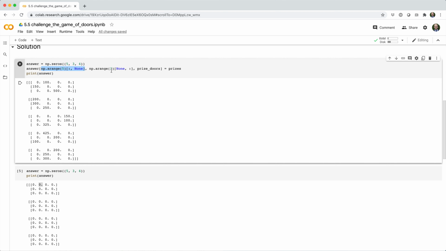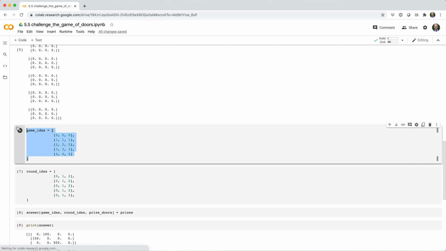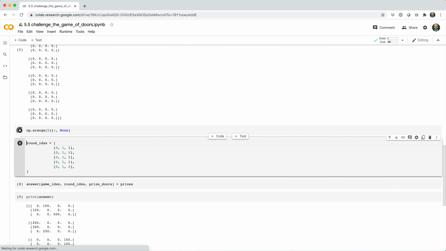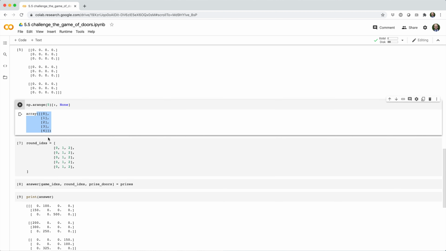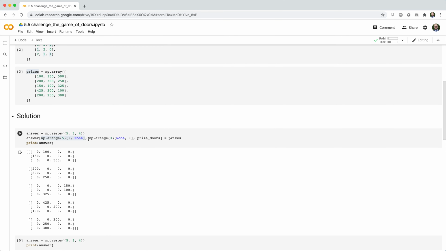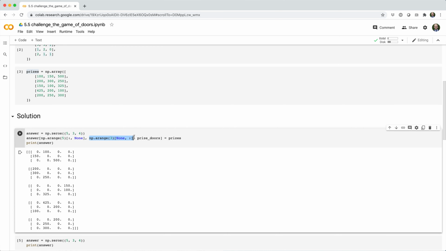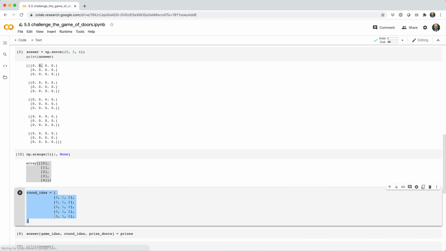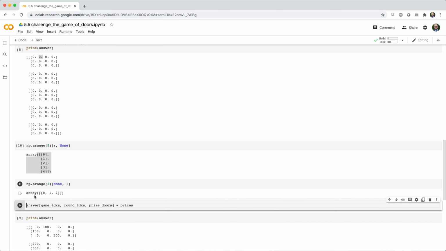So np.arange(5) square brackets colon comma None is going to give us this array here. So it's a 5 by 1 array. And then np.arange(3) square brackets None comma colon is going to give us this 1 by 3 array.